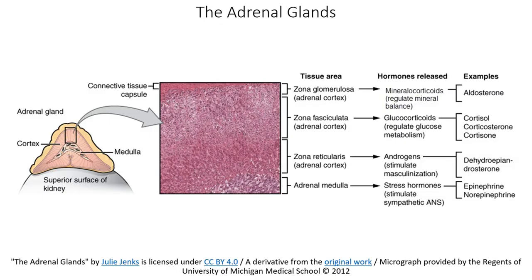So we've got some nerve cells in there. It's an extension of the autonomic nervous system, which we'll talk more about later in the semester. So the cortex of the adrenal gland is part of what's called the hypothalamic pituitary adrenal axis, or HPA axis.